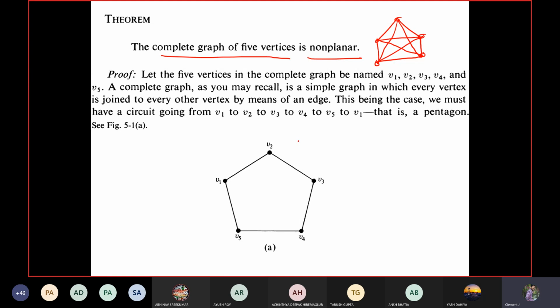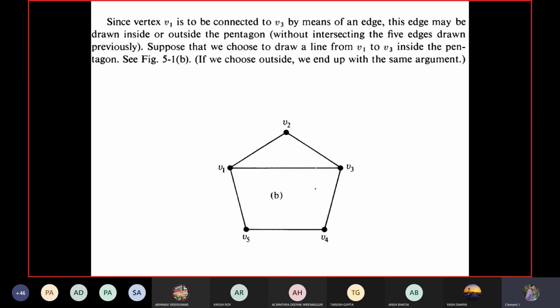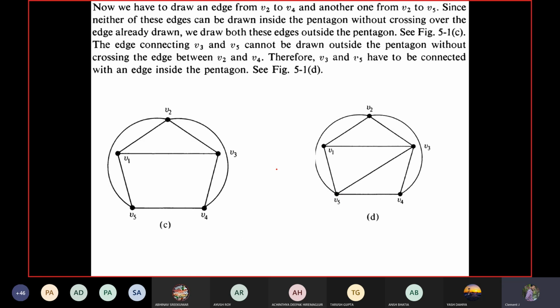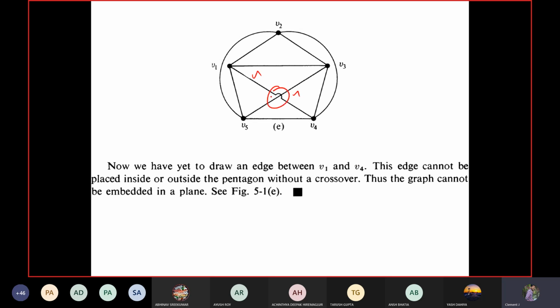See here, they are explaining step by step. First, they draw all the 5 vertices. Up to this, it is planar, right? Next, they extend one more edge. Up to this, it is planar. Next, up to this, it's planar, right? Am I right? Yes, sir. But still it is not completed to construct the full K5, the complete graph on 5 vertices. Next, if we draw the last line, that time you will get an intersection between the edges.